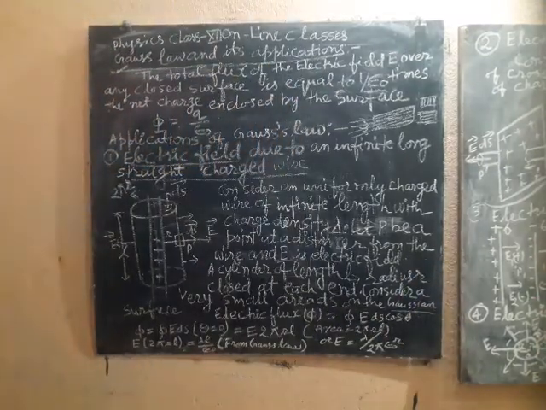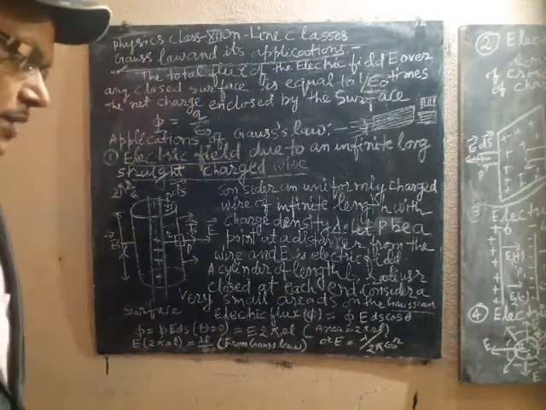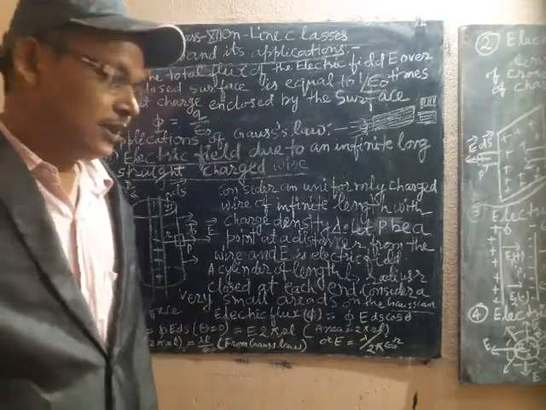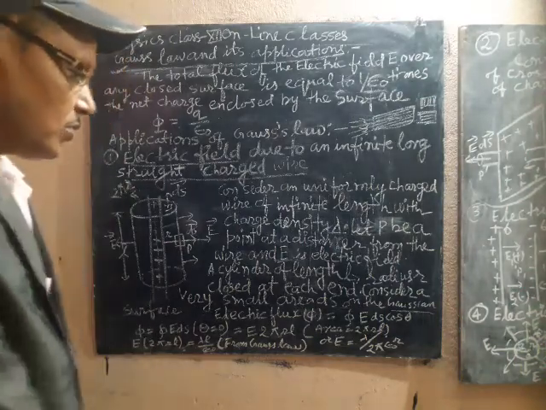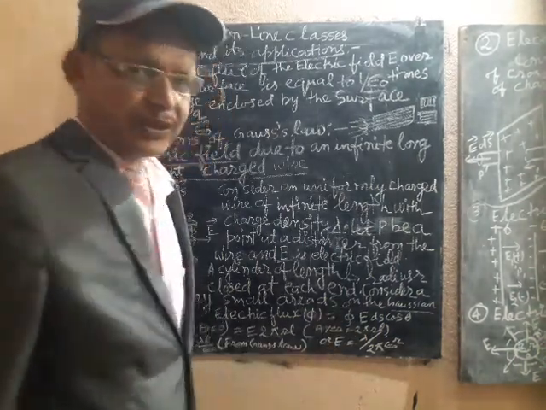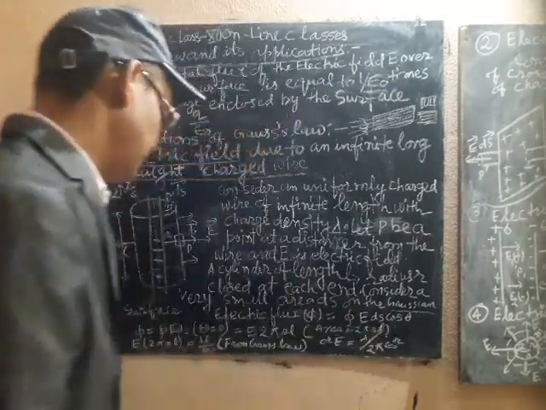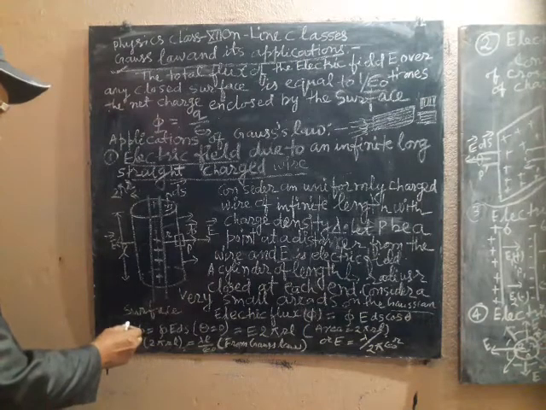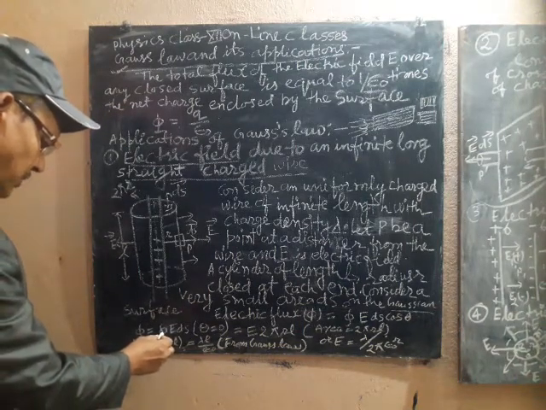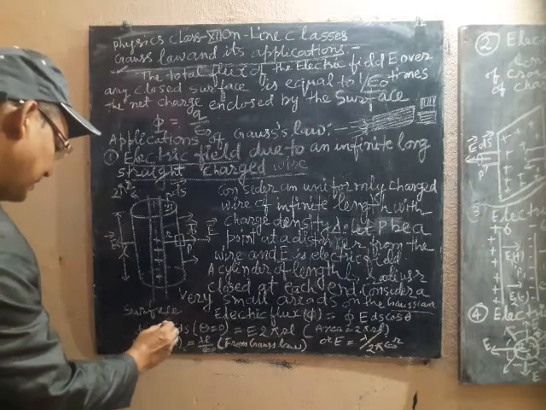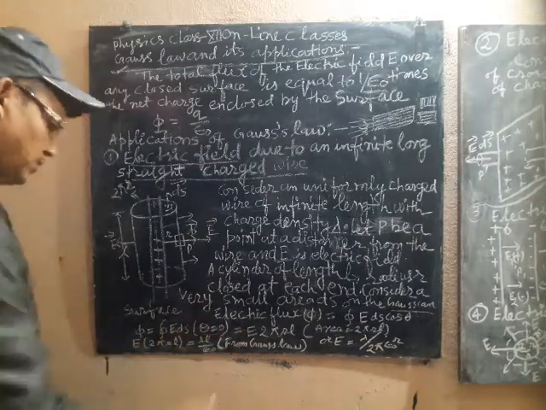Phi is equal to closed integral E ds cos theta, a closed integral, meaning there is a limitation. Now next, on the curved surface theta is equal to 0.